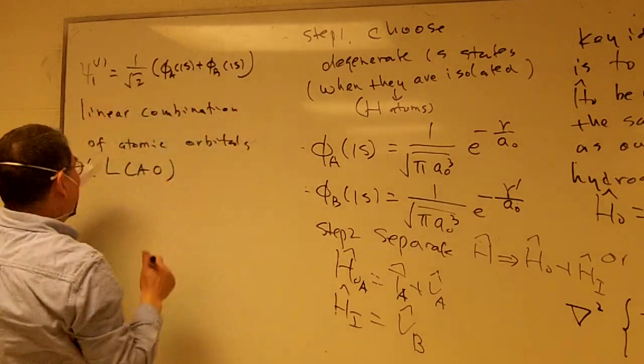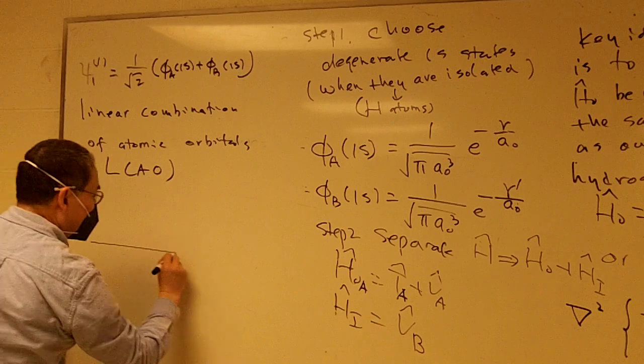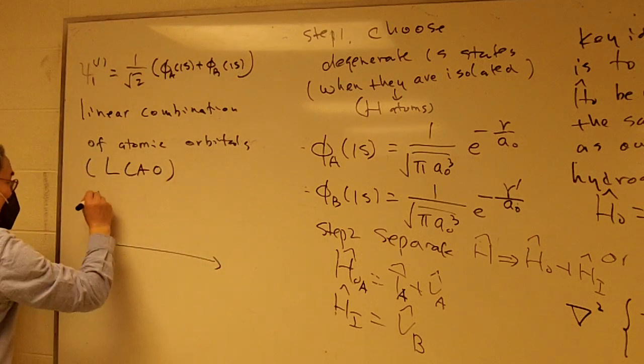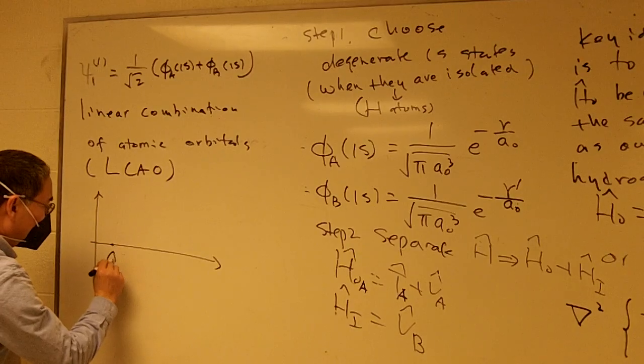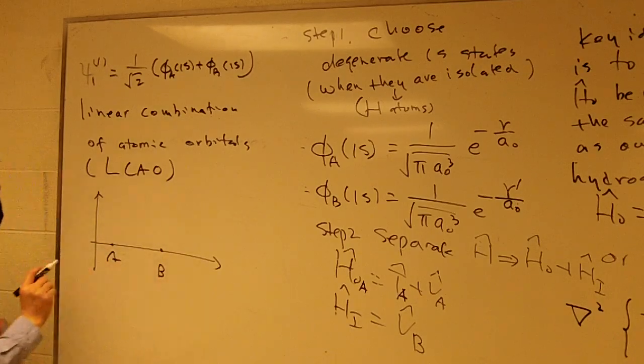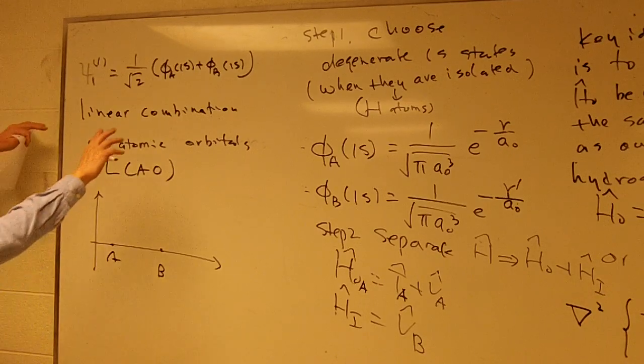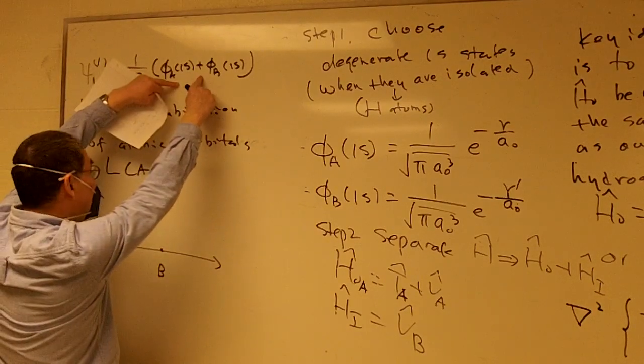Let's sketch this orbital in space. Here's atom A, here's atom B. Make sure you write this down in your notebook, which is quite important. Did you see we have a plus sign here?